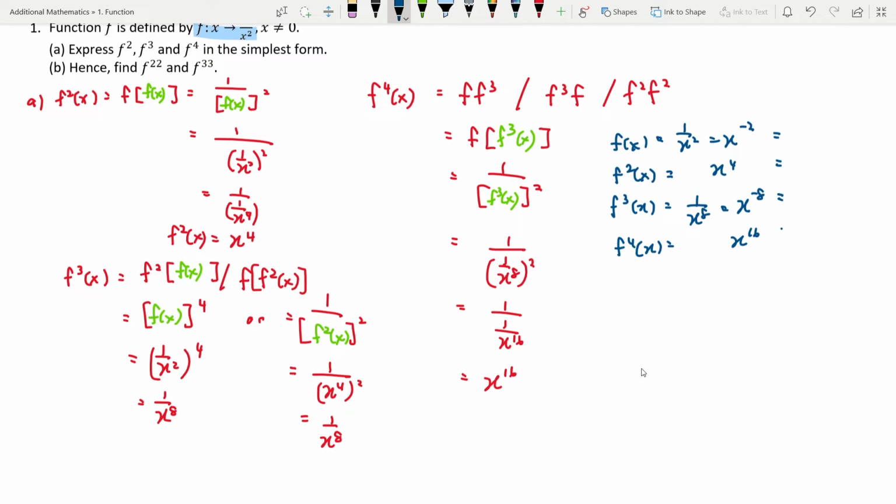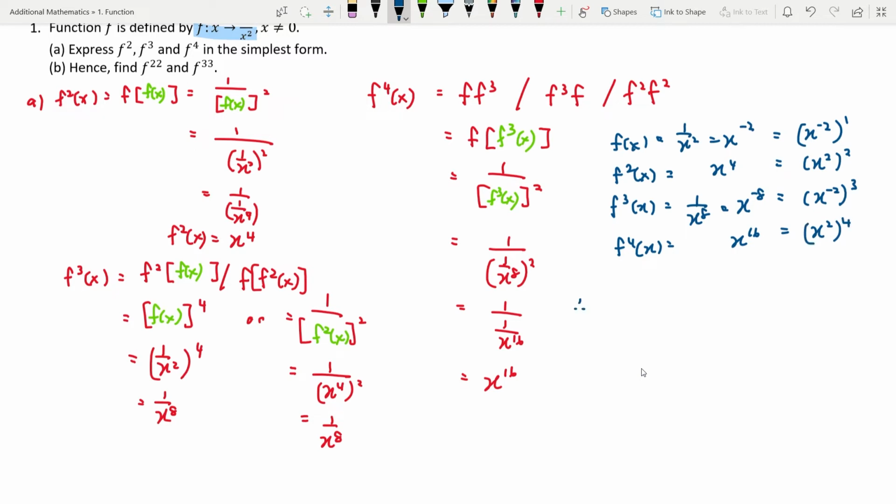x to the power negative 2 to the power 1. This will become x to the power 2 to the power 2. x to the power negative 8 will be x to the power negative 2 to the power 3. And x to the power 16 will be x to the power 2 to the power 4.